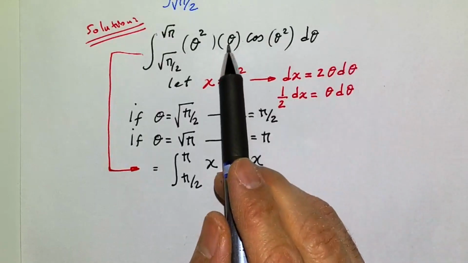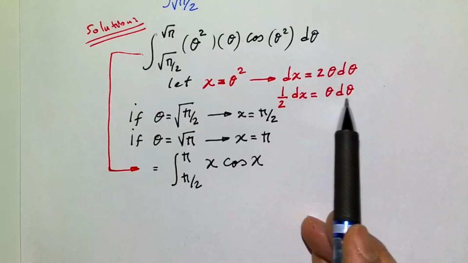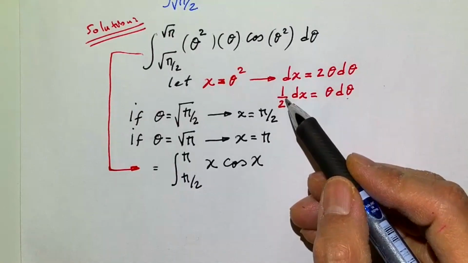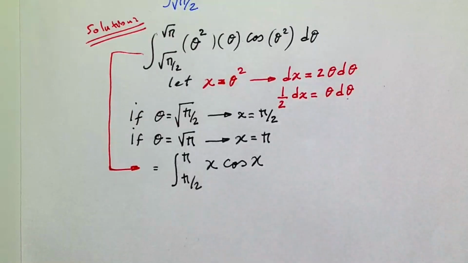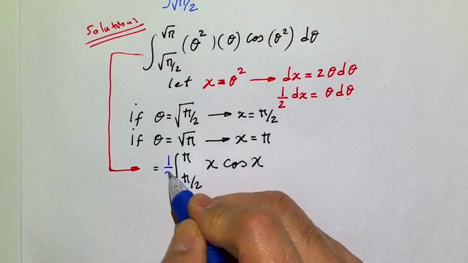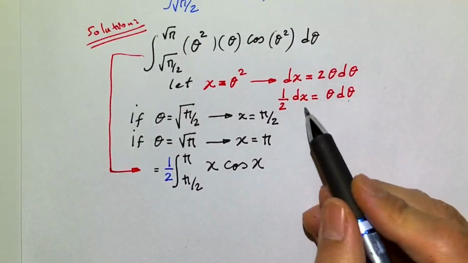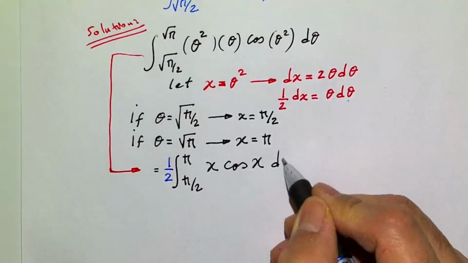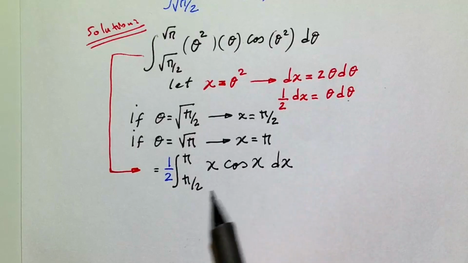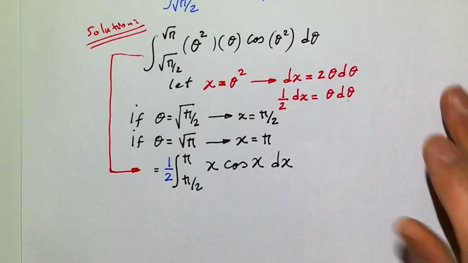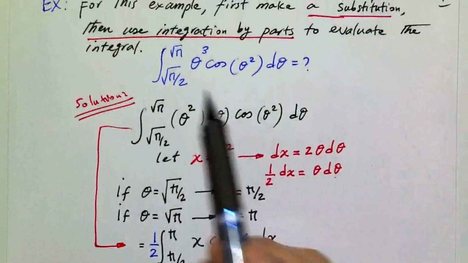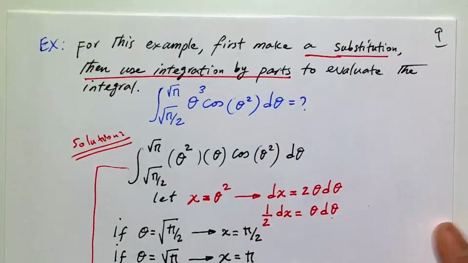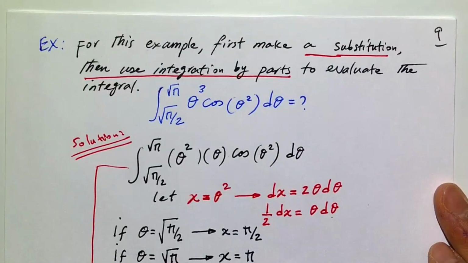And then for theta d theta, we have half dx. This half is a constant, so let's put it in front. Then we replace theta d theta with dx. Now look at how easy that expression is, rather than dealing with the original expression without the substitution. So the hint to use substitution before integration by parts is pretty important.